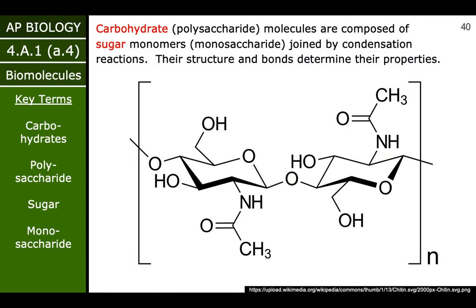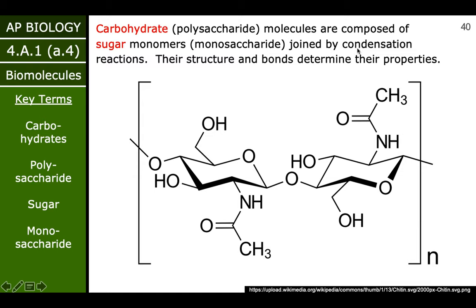Okay. So carbs are our final macromolecule that we're going to talk about. Carbs are also referred to as polysaccharides, and they're made up of sugar monomers or monosaccharides. So we have the same poly and mono thing going on here as we had with polymers and monomers, and polysaccharide is a polymer and monosaccharide is a monomer. Okay?